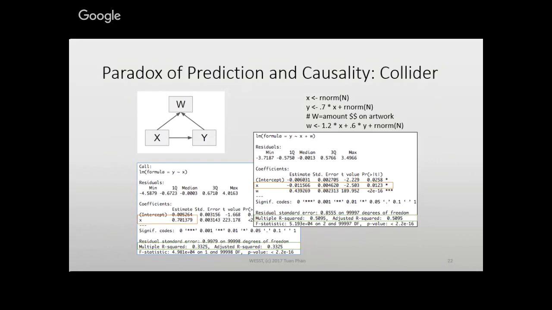So here, our incorrect model is telling us it's a better fit than our correct model. Is that clear? This is the incorrect model because the direction of causality is not correct.